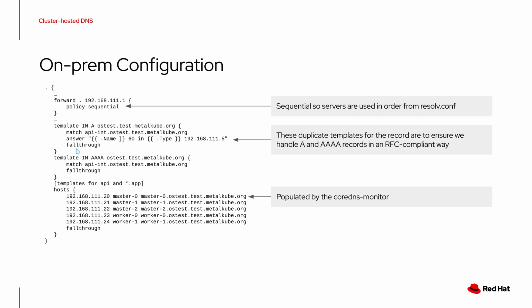Then we have these complicated looking template plugins down here, and these are used for the API int and API and ingress records.